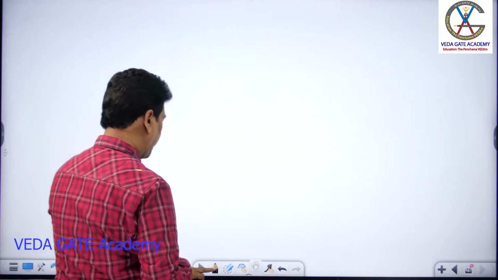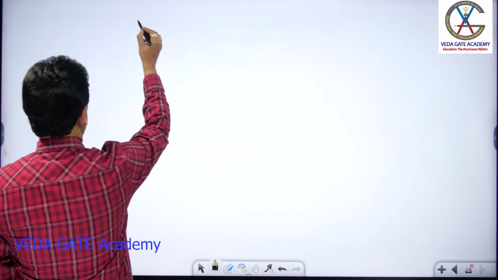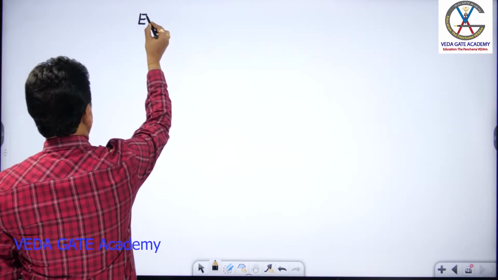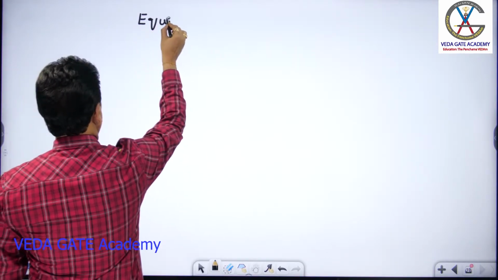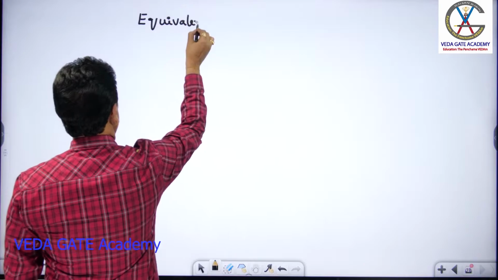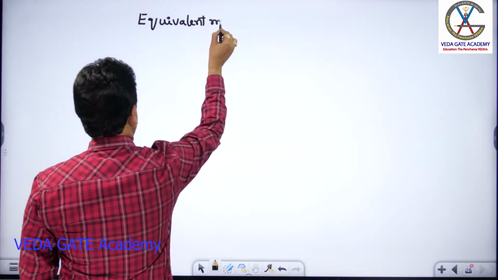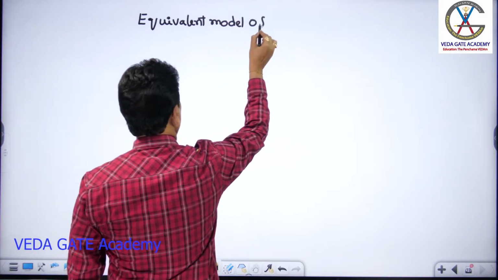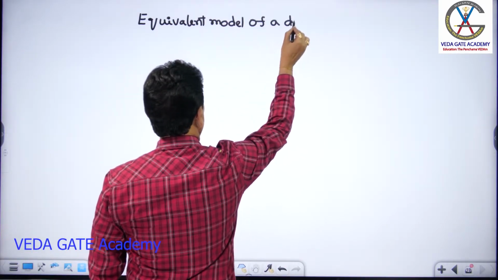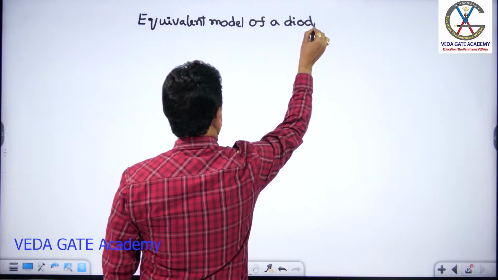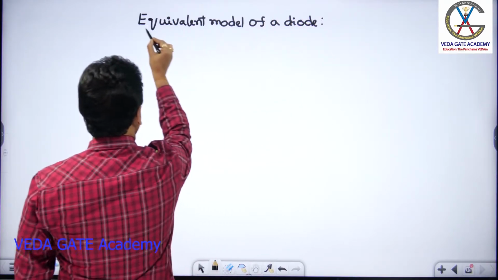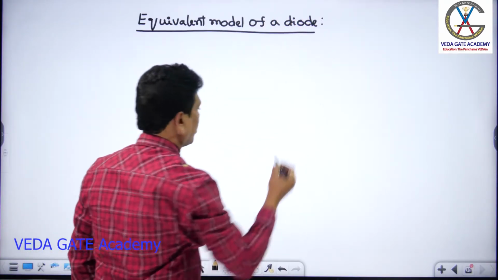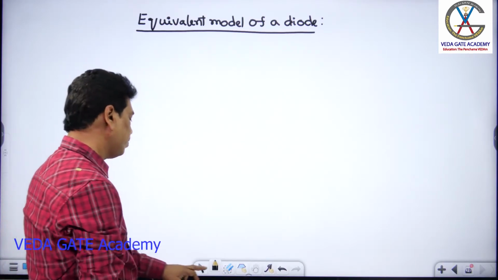So now I can go for the equivalent model of a PN diode. Equivalent model of a diode. Both for ideal condition and practical condition I can examine now.